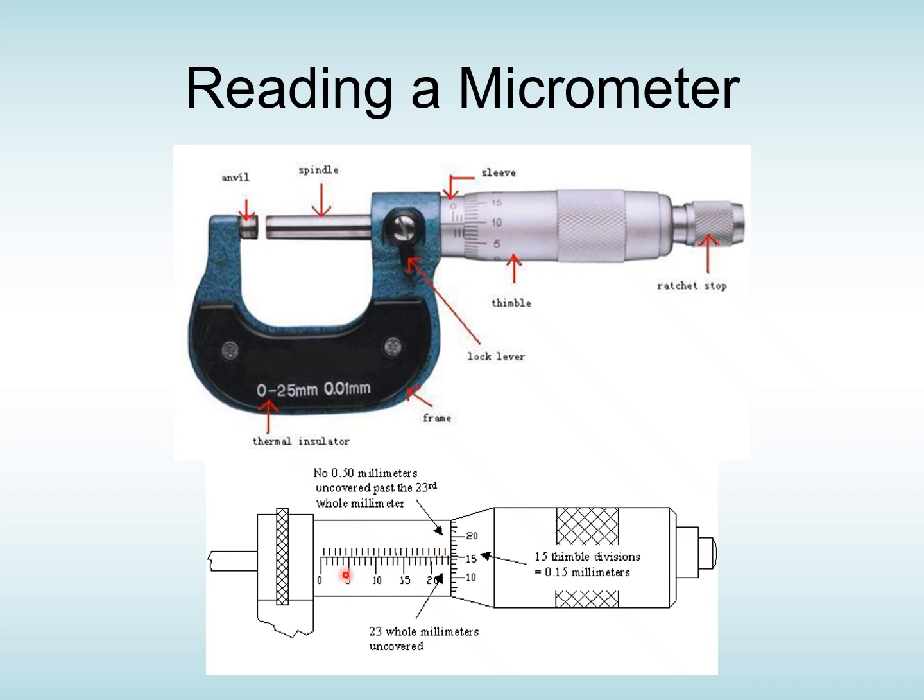So you've got 5, 5.5, 6, 6.5, etc. And on the thimble, you've got little divisions, and there are some 15 at the moment. So looking at it again, we are up to 21, 22, 23. So it's 23, and the number that lines up is 0.15. So it's 23.15 millimeters.